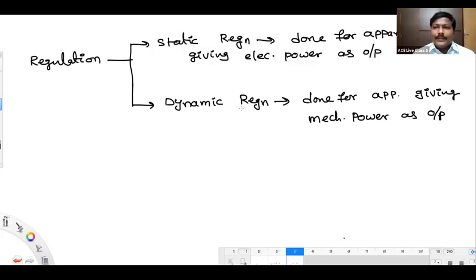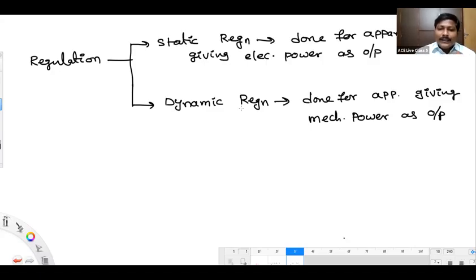Next thing, please. If you look at the apparatus, let's say generator, which regulation do we calculate for generator, static or dynamic? Static, because the output of generator is electrical.